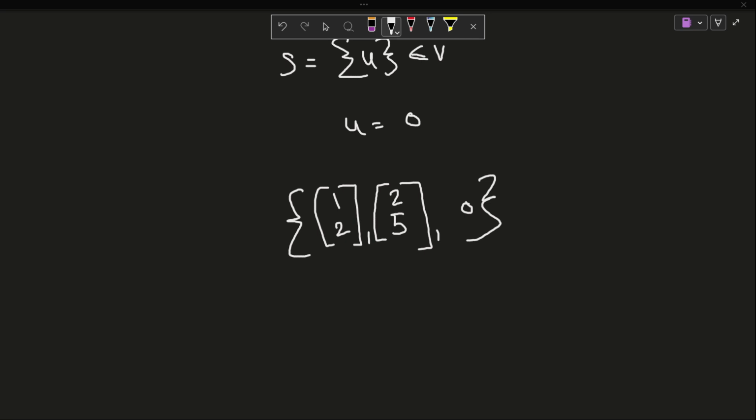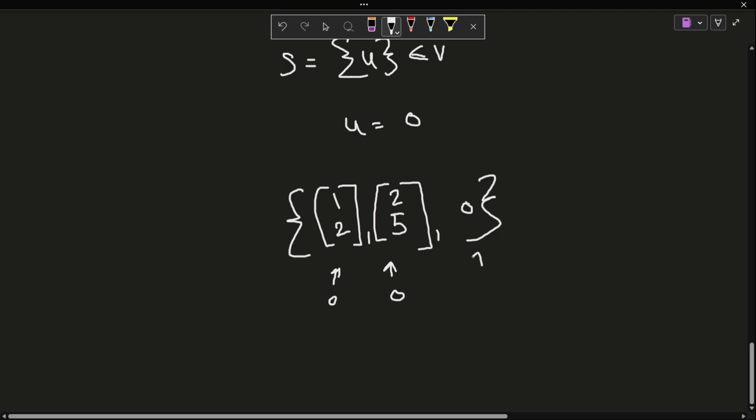And this is because, even if these two have to equal 0, the coefficient on the zero vector can be anything, right? So this could be any n, and you're still going to get a 0 out of it. Remember we defined linear dependence as there being a non-trivial combination; they don't all have to be non-trivial, just one of them has to be. And because one of them is non-trivial, we are linearly dependent in this case.